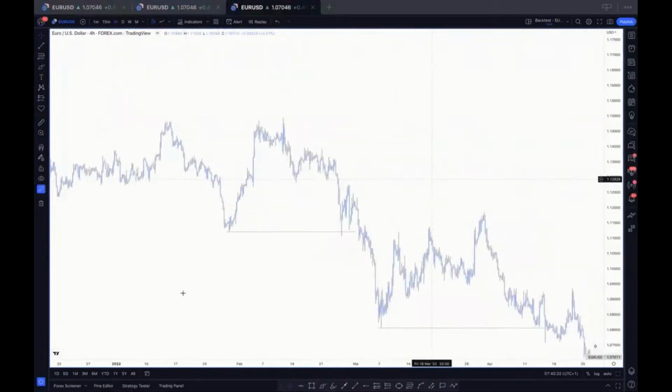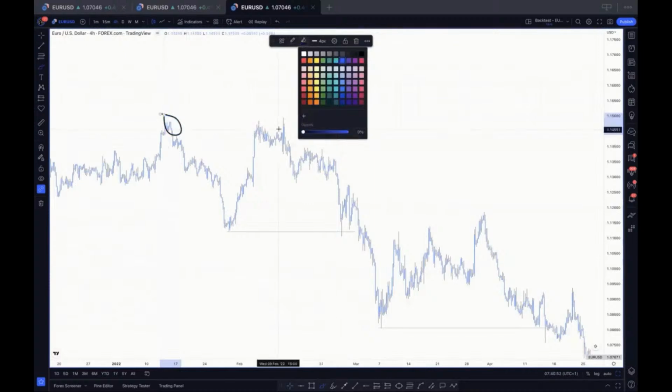We know that the market made a low here, January 28th, as you can see, and then it pulled back up a little bit to the previous high. So this was the previous high that we had here. Let me take that out.